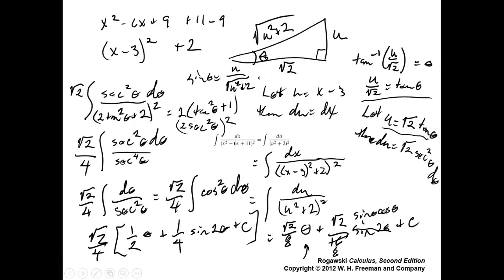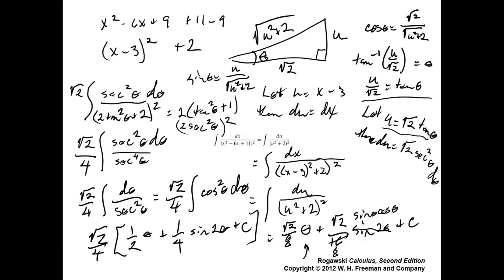Opposite over hypotenuse. And cosine theta is equal to the square root of 2 over the square root of u squared plus 2.